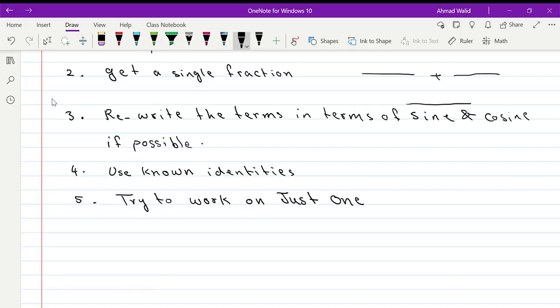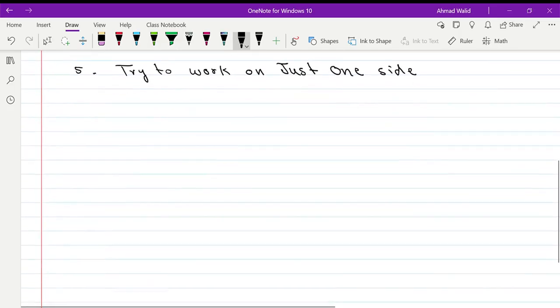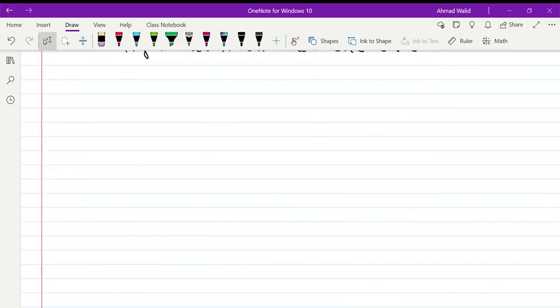I'll make it bigger to remember: one side. Do not work on two sides. Only work with one side. Correct? These are the steps. If you follow these steps and you remember your identities, then it's really easy to do these. Actually, I can name it also proofs. Here you are doing proofs, not the actual proof to prove an identity. You are proving an equation, that this given equation is an identity, correct?